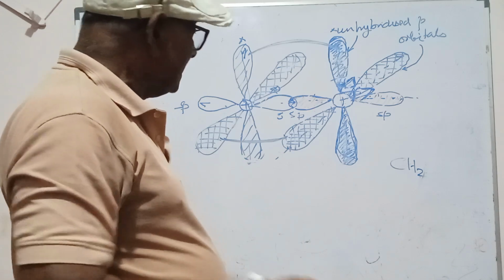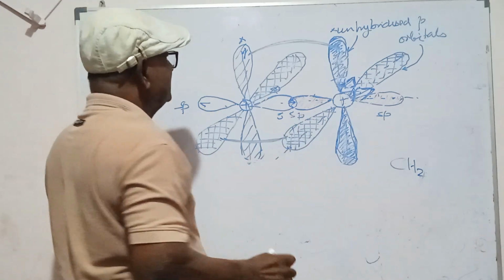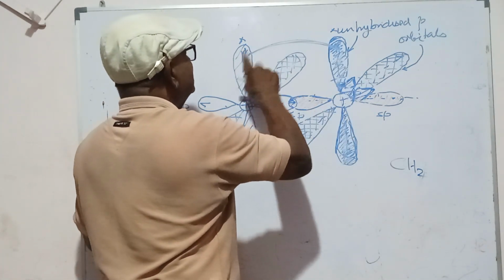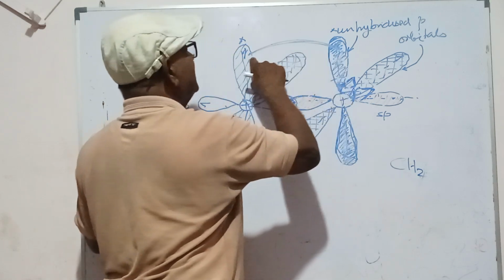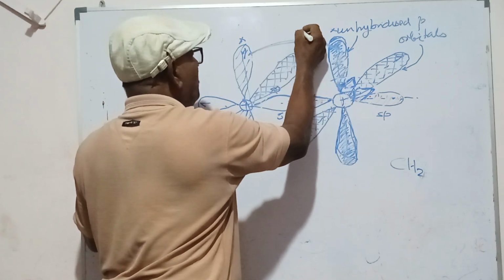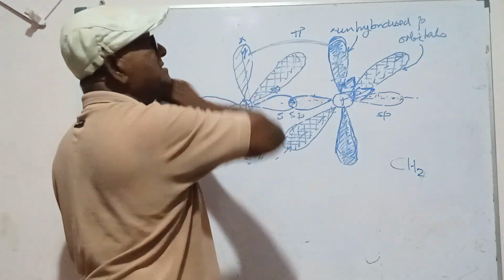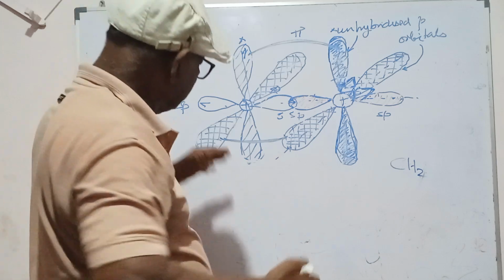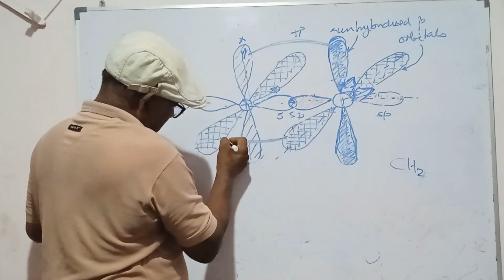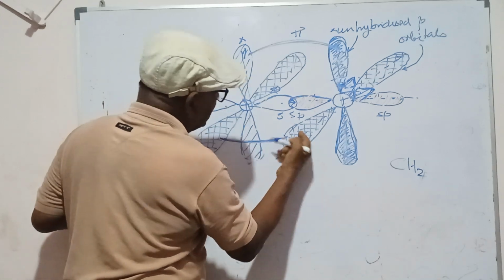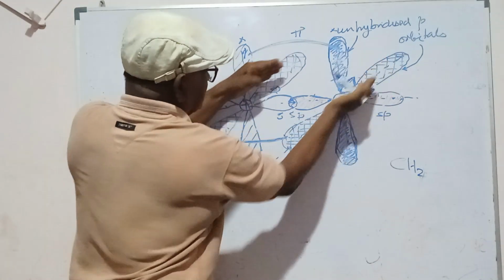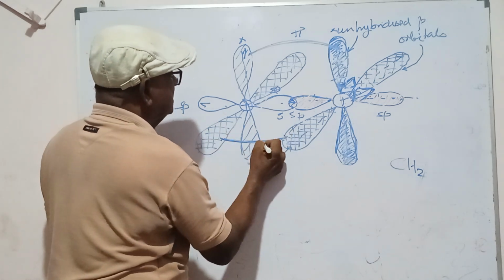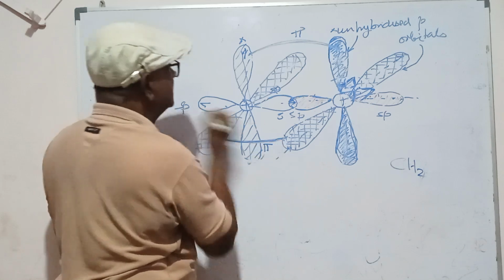Right? Then it is clear that due to the lateral overlapping of the unhybridized p orbitals, what type of bond is formed? Pi type of bond is formed. Pi covalent bond. Here also the same. Due to the lateral overlapping of these two orbitals, here also a pi covalent bond is formed.